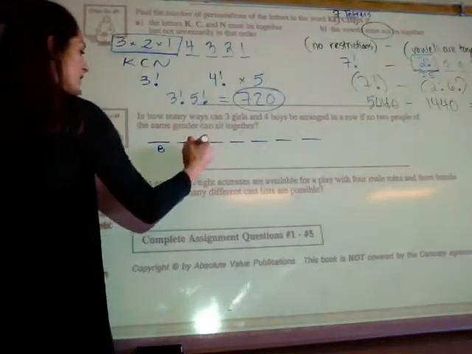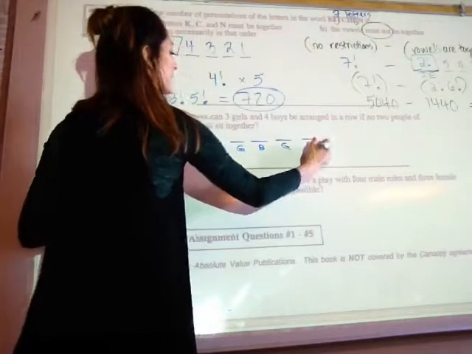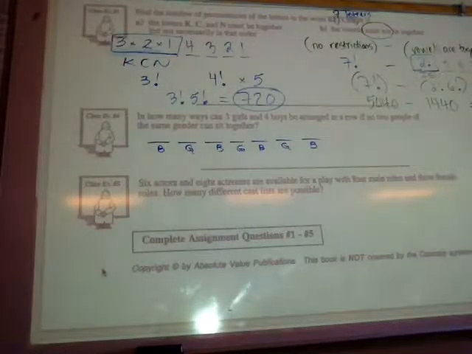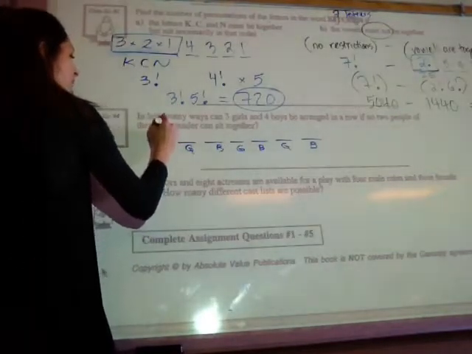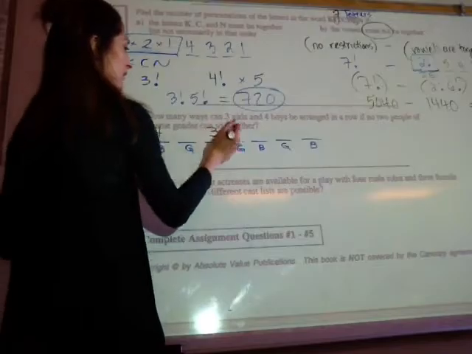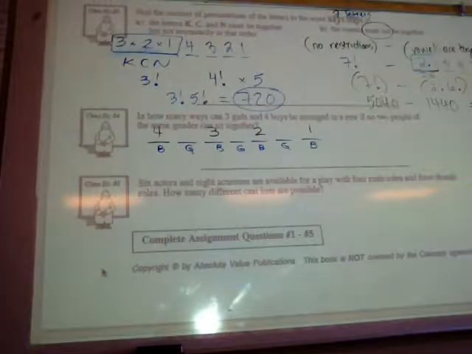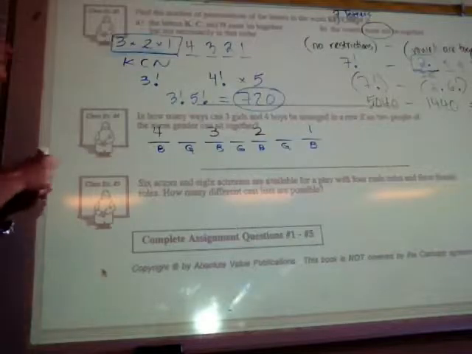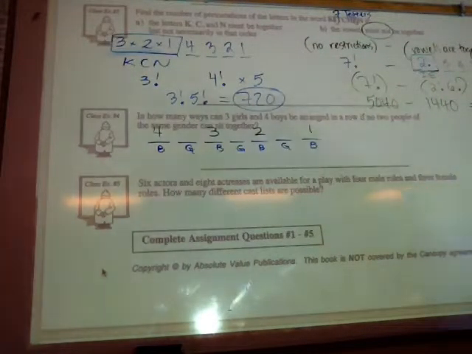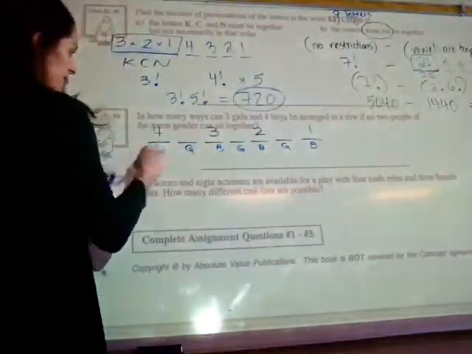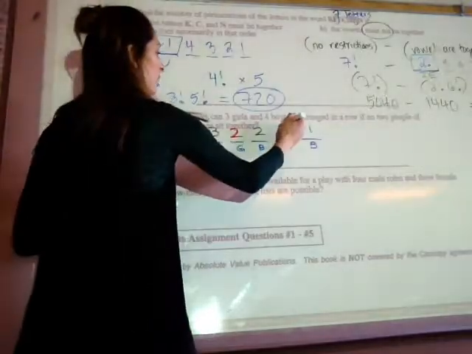So we have boy, girl, boy, girl, boy, girl, boy. There's 4 boys, which is why I started with boys. So we had 4 boys, then 3 boys, then 2 boys, then 1 boy left over. And for the girls, we started with 3 girls that we could pick to sit in this first spot. And then we only had 2 to pick from, and then 1 to pick from.